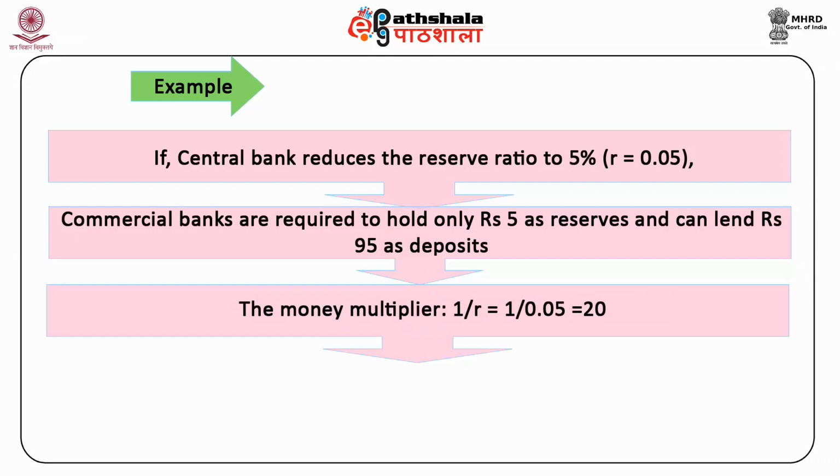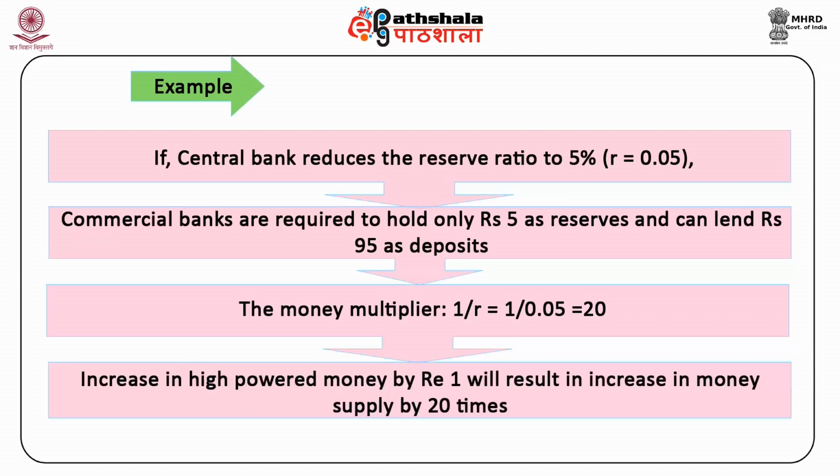The money multiplier then becomes 1 divided by 0.05, which is equal to 20. In this case, an increase in high-powered money by rupee 1 will result in increase in money supply by 20 times.